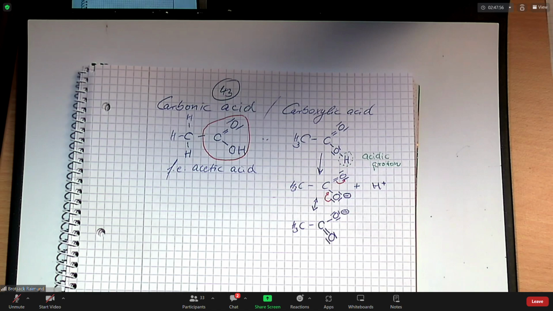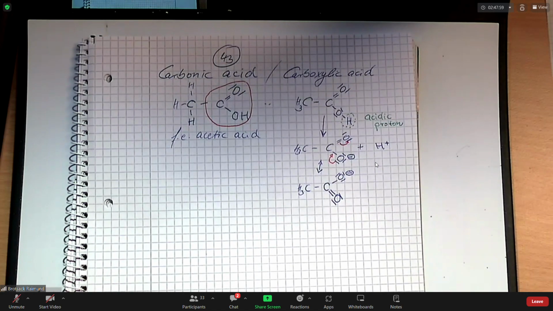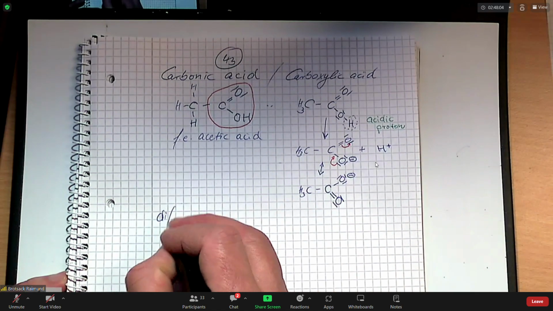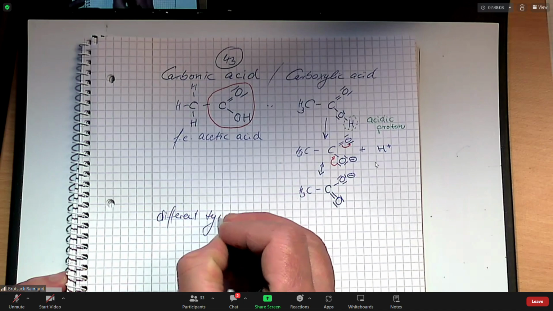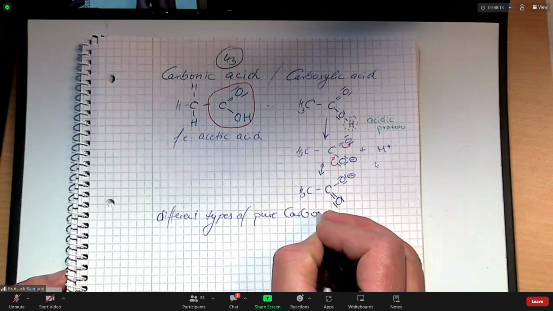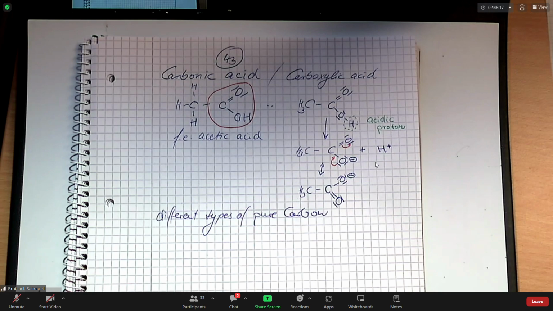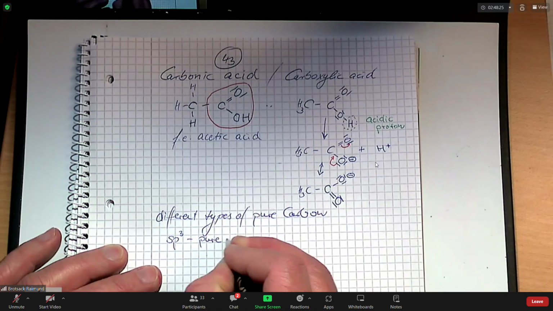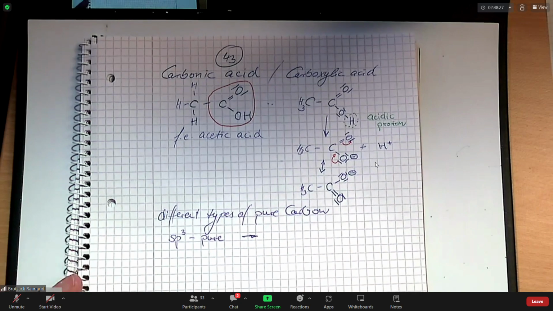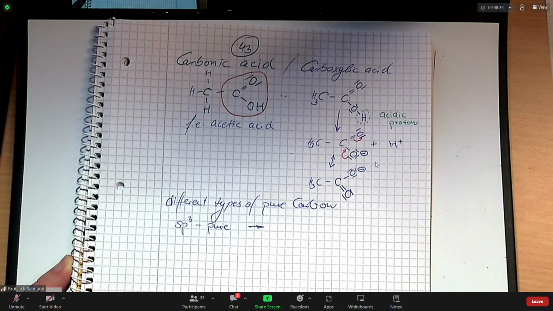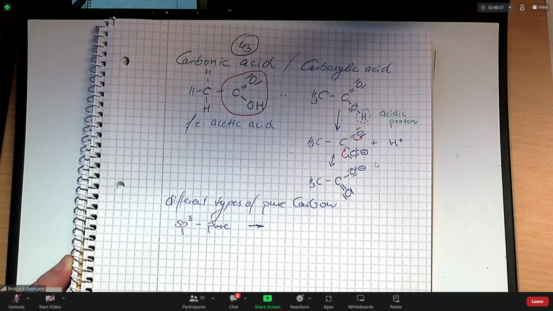Another one to be remembered is the different types of pure carbon. You remember sp3, pure. When we only have carbon and all of the carbon atoms in sp3 form, how do we call that material?